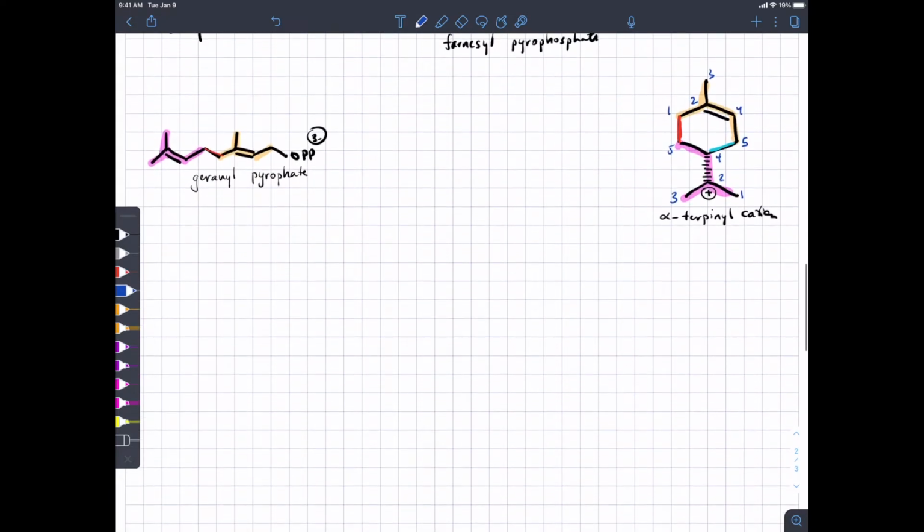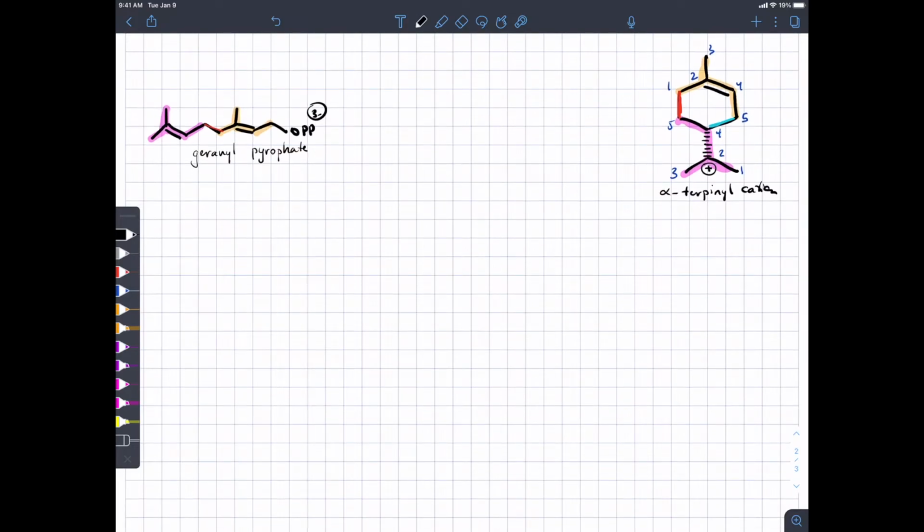Okay, and it can be helpful to redraw our starting material in a shape that resembles the product, because that's going to tell us where we need to go. So I'm going to redraw Geranyl pyrophosphate kind of like this. Okay, so you can sort of see what needs to happen.